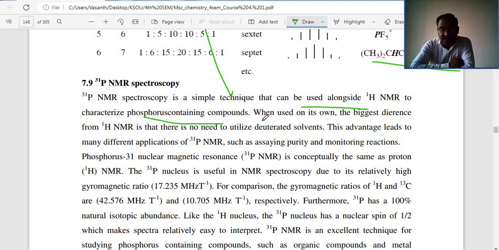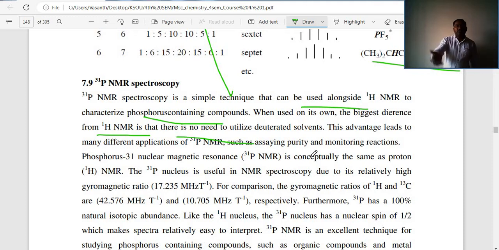When used on its own, the biggest difference from proton NMR is that there is no need to utilize deuterated solvents. This advantage leads to many different applications of phosphorus NMR, such as assaying purity and monitoring reactions.